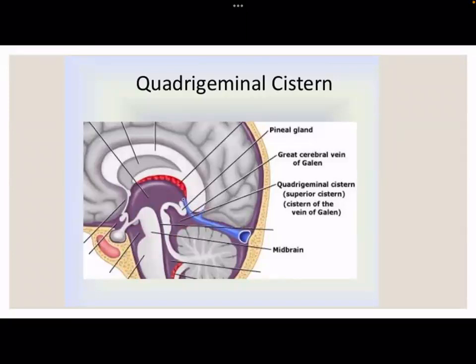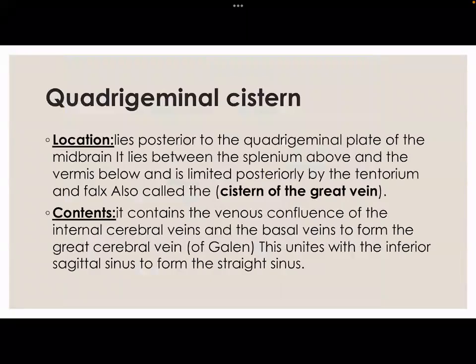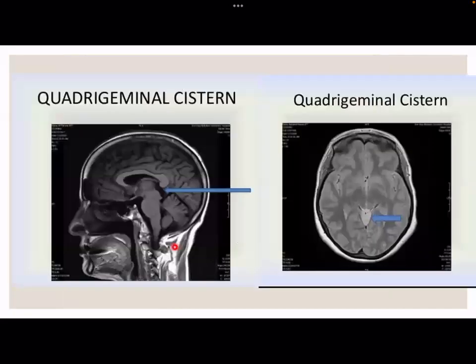The quadrigeminal cistern contains the venous confluence of the internal cerebral veins and the basal veins to form the great cerebral vein of Galen, which unites with the inferior sagittal sinus to form the straight sinus. So here's the MRI image, behind the quadrigeminal plate of the midbrain. Here's the quadrigeminal cistern, and this is the axial image.